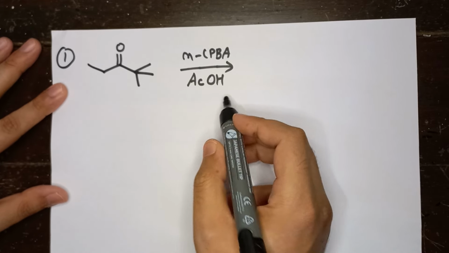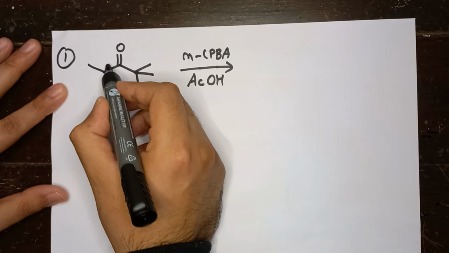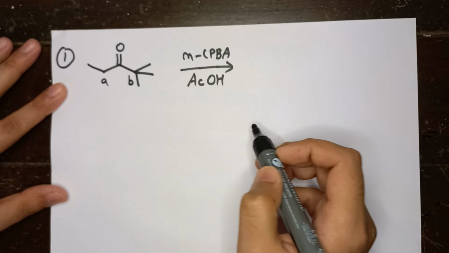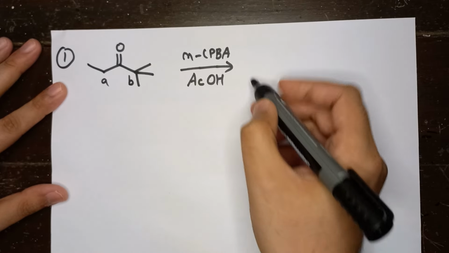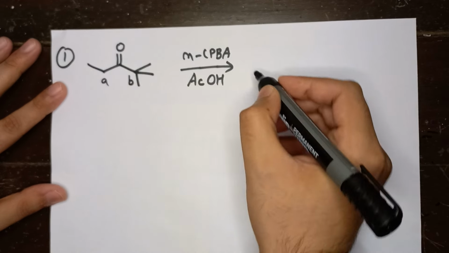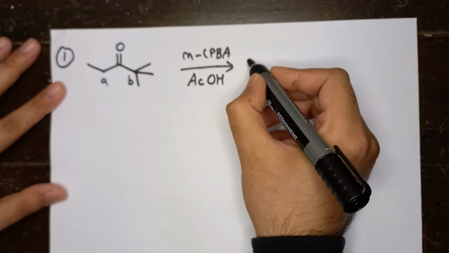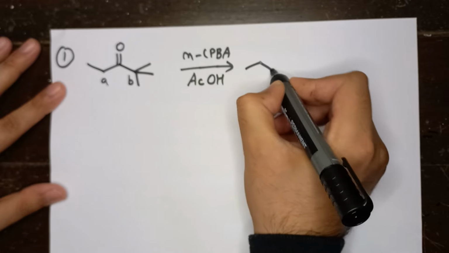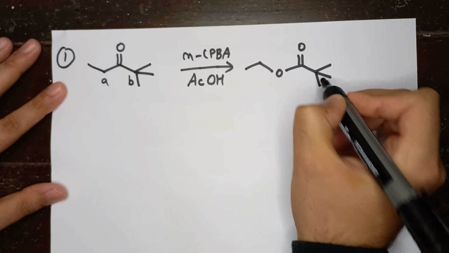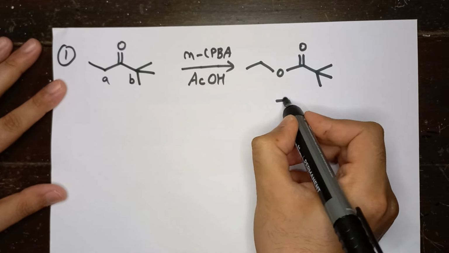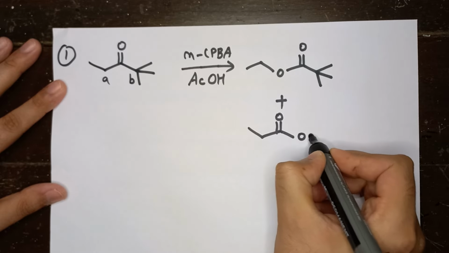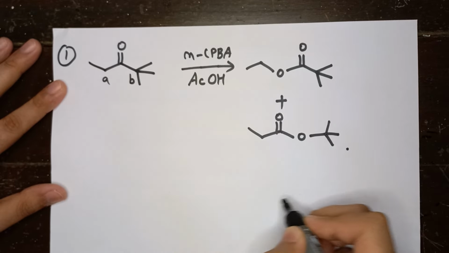My oxygen will be inserted here, or here. So let's call it A and this one B. So two products are possible. Ester can form from the left side or from the right side. So this could be one product. And this can be the second product.